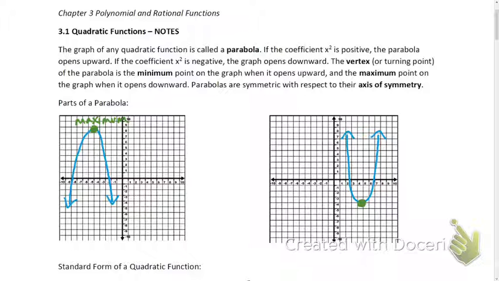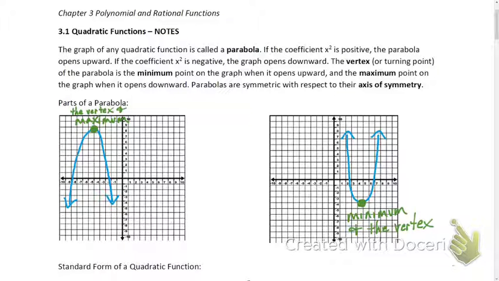That spot's also the vertex. So it's the vertex and a maximum. And on the other side, on the right, that is a minimum. It will never go lower than that spot. And the vertex.